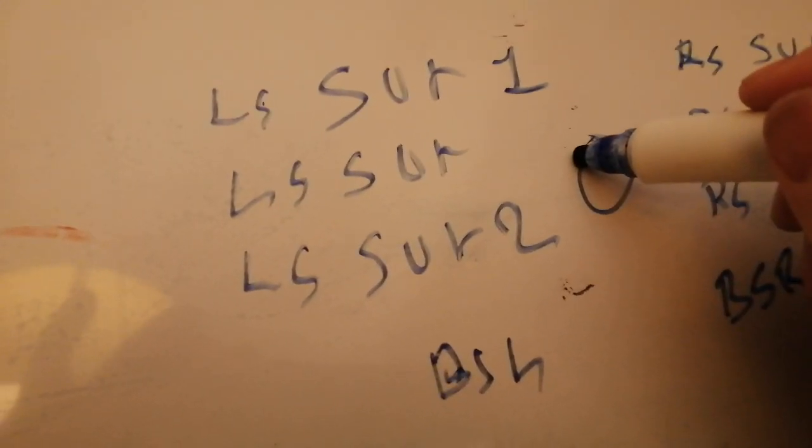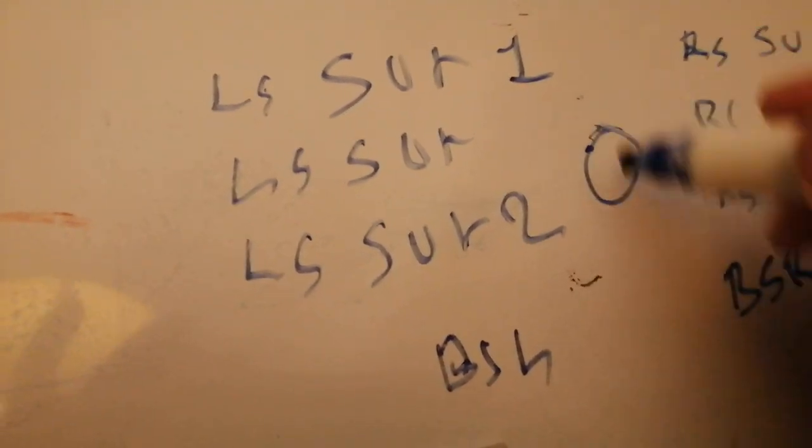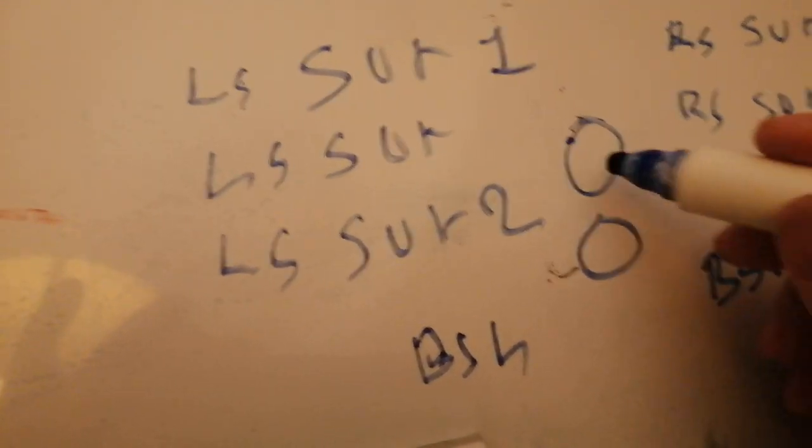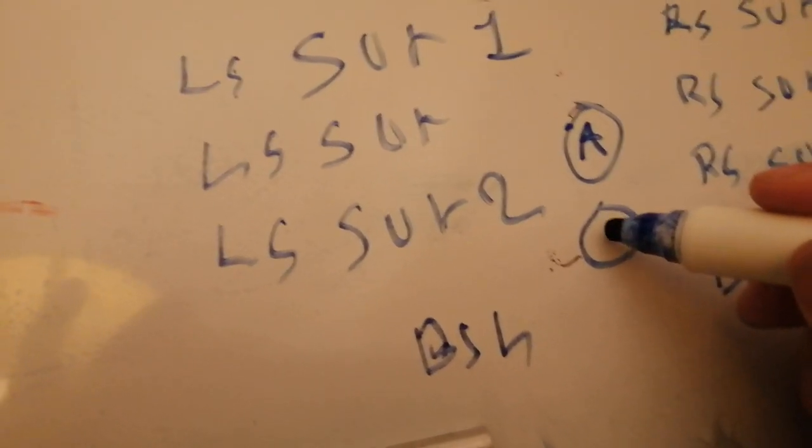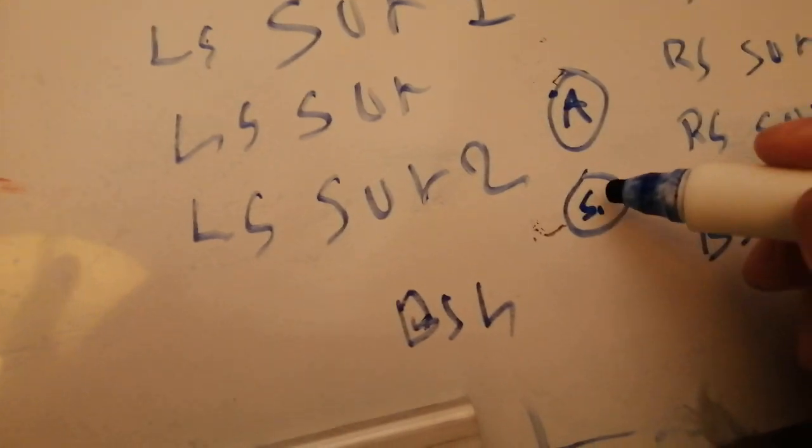So if I want to have the original, I should do another circle, one with an A, one with just 5.1, and this would be Atmos.